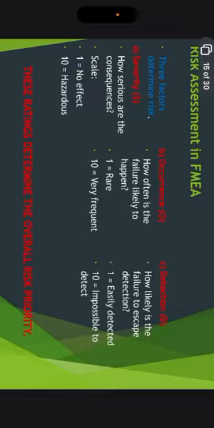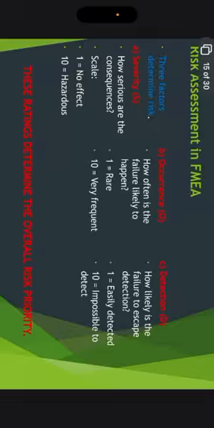The severity of failure is how serious the consequences are, and it is rated from no effect to hazardous, 1 to 10. So if we rate the severity as 5, it means that it's mild. 7 is becoming more dangerous. So in severity, we rate it from 1 to 10. 1 is no effect, 10 is hazardous.